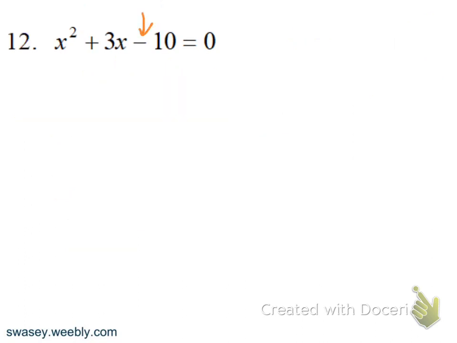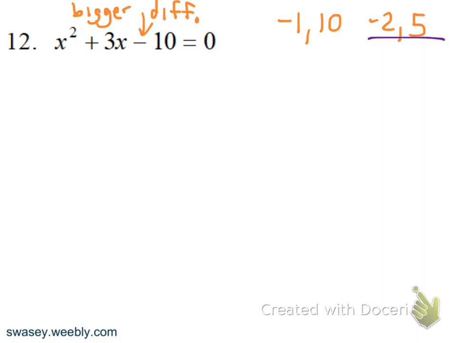Different signs, bigger one's negative. So negative 2 plus 5 is 3, and negative 2 times 5 is negative 10. So we have x minus 2, x plus 5.